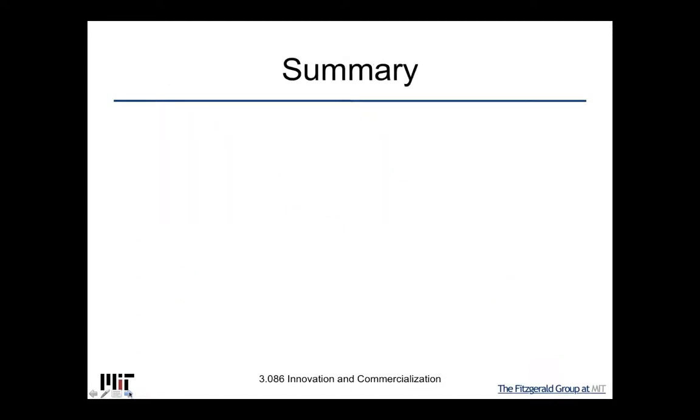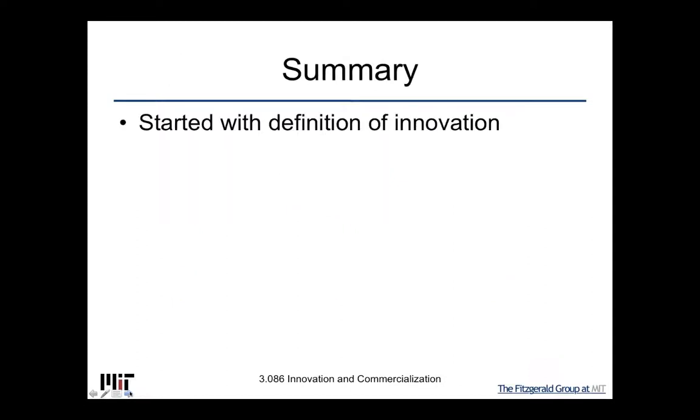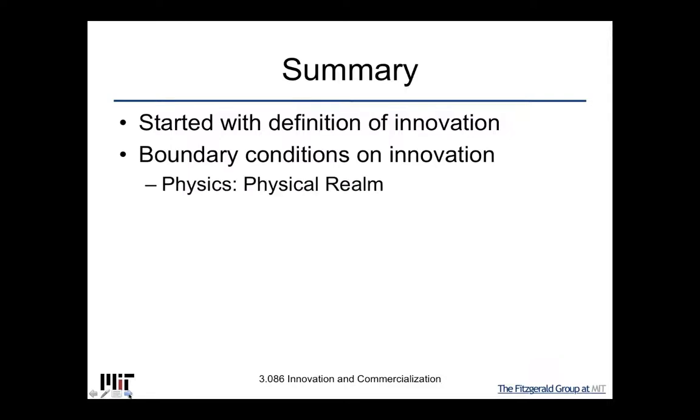So it's easy to remember that we are at MIT, but the model can also be thought of as the MIT model. In summary, we started with a very simple but important and distinguishing definition of innovation. That set boundary conditions, because a definition of an idea with a useful embodiment in the marketplace automatically introduced a physical realm and a human realm.